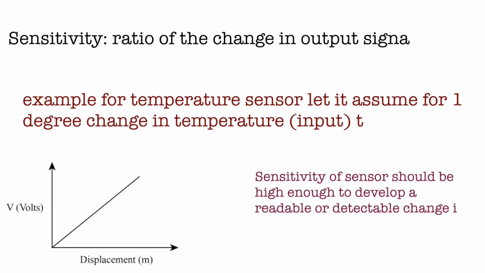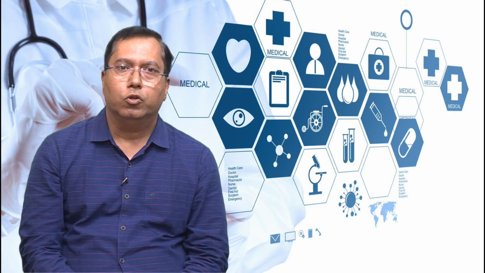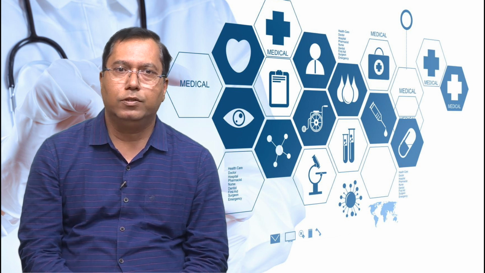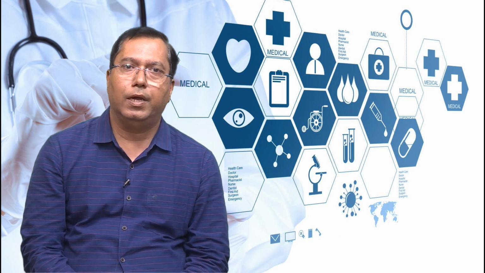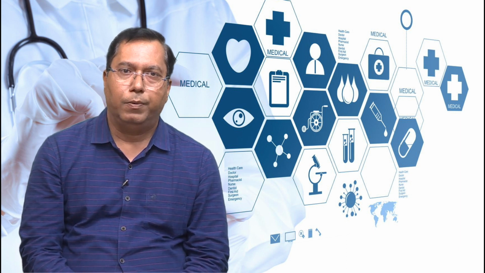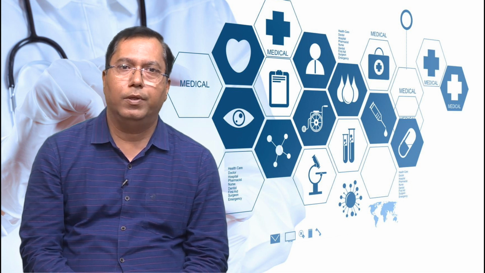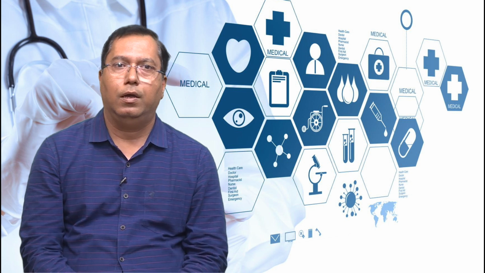This diagram shows that delta S is the change in input signal, and corresponding to that there is a delta Fs change in output signal. The ratio of delta Fs to delta S gives the sensitivity of that particular sensor.